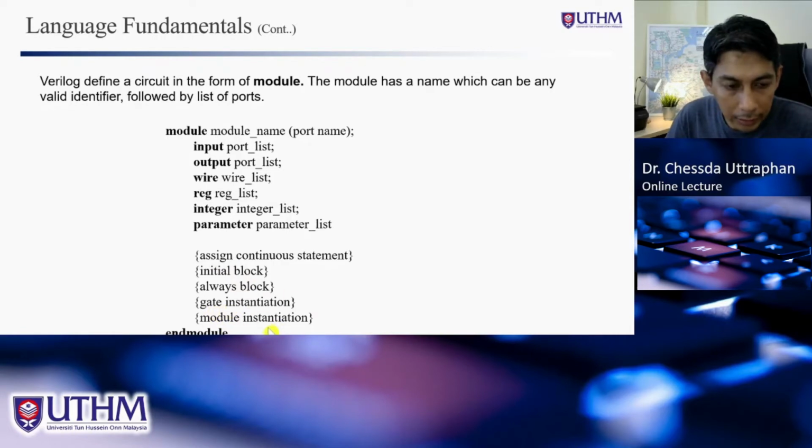Module instantiation means that we instantiate or import another module, another design, into our design. For example, an adder module: if we want to use an adder in our design, we can instantiate or import that adder in our design.